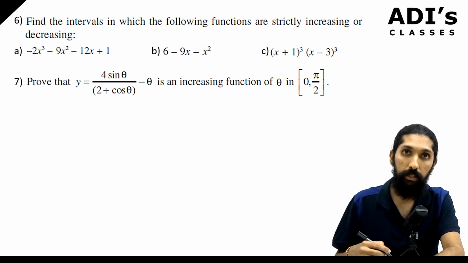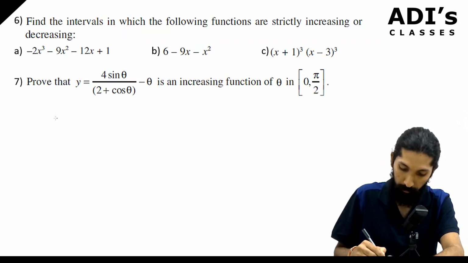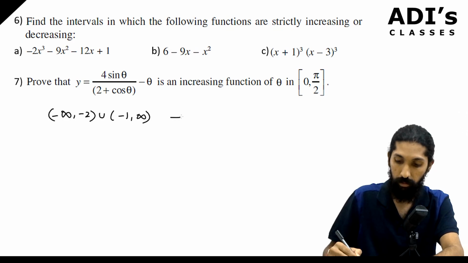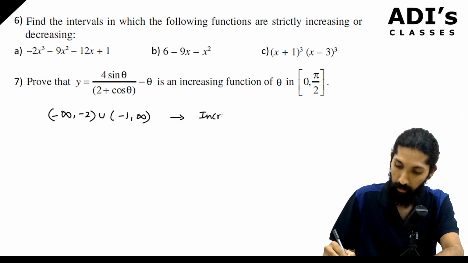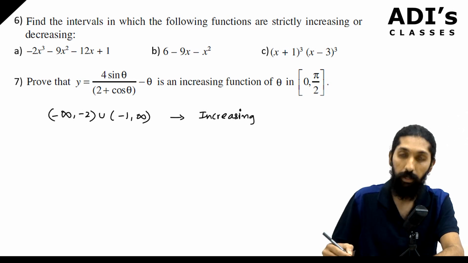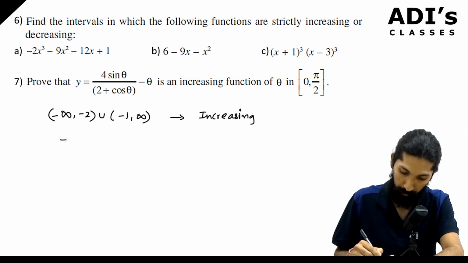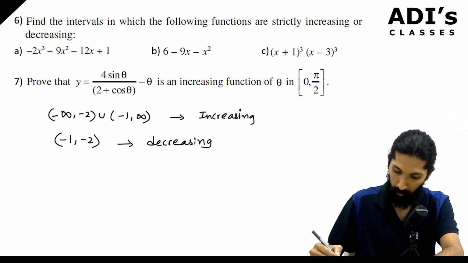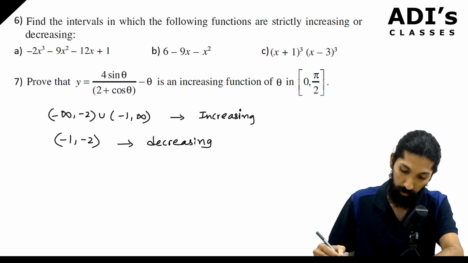For the increasing part, we have from minus infinity to minus 2 union minus 1 to infinity. This is for increasing. Correct. Now for decreasing, it is from minus 2 to minus 1. This is for decreasing. Okay. So this is the answer for the first one.